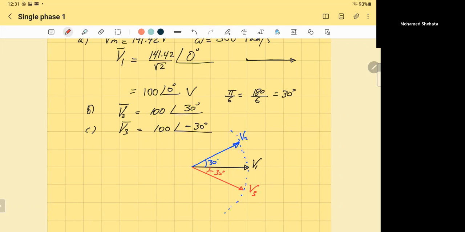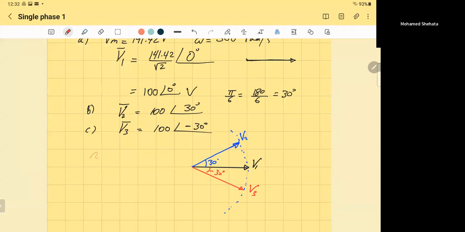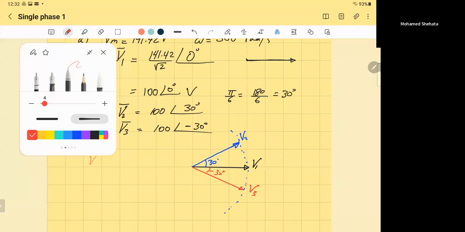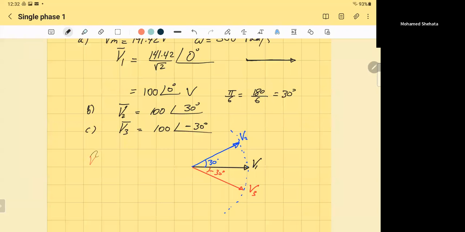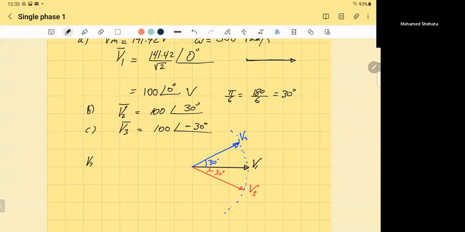How do we express the phase angle relationship between V1 and V2? You say V2 leads V1 because it's before V1.